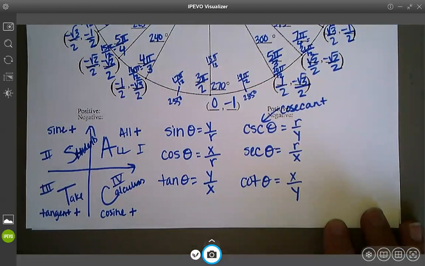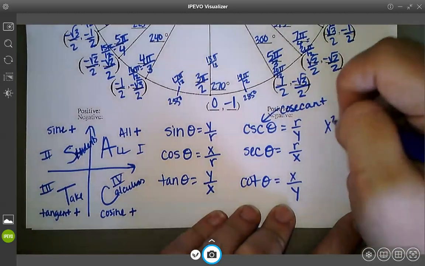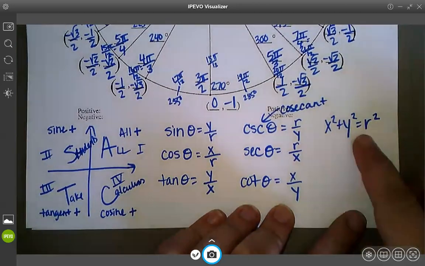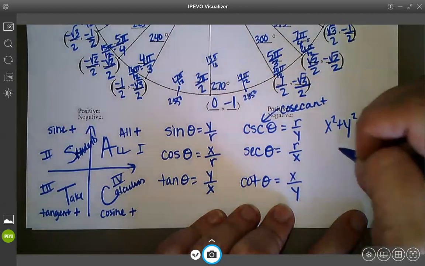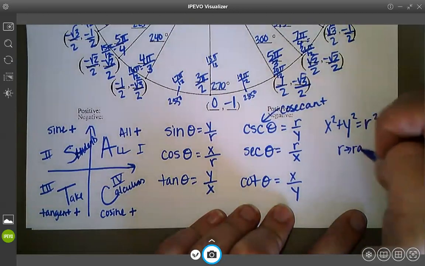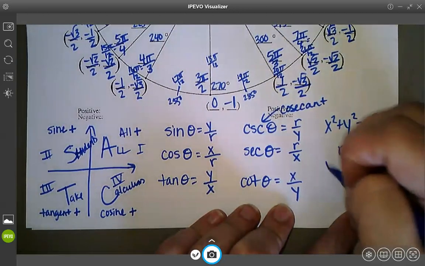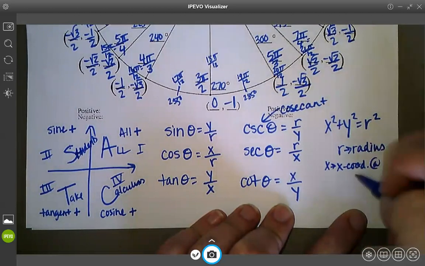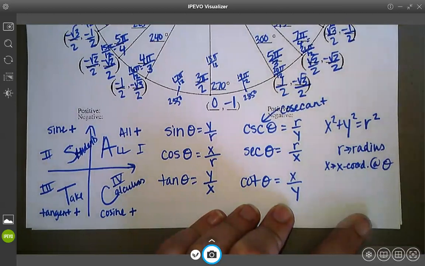So we're going to use these rules. We also need to know that x squared plus y squared equals r squared. R is your radius. X is the x coordinate at that angle theta.